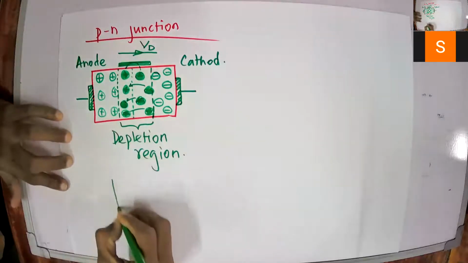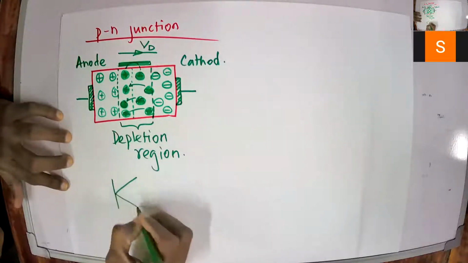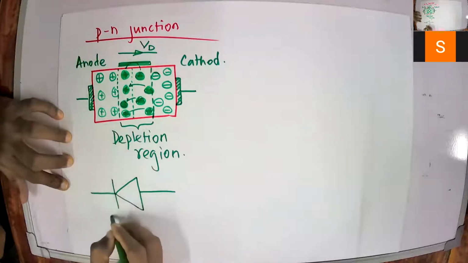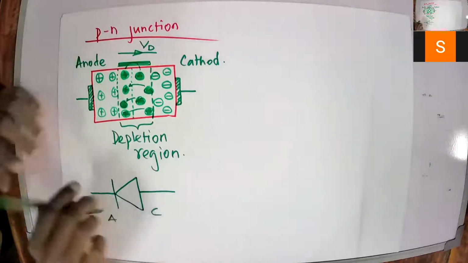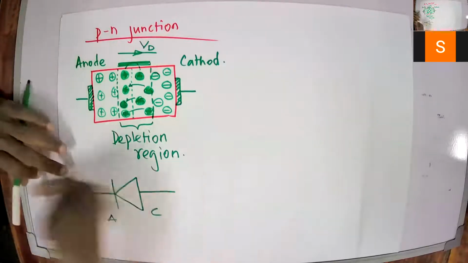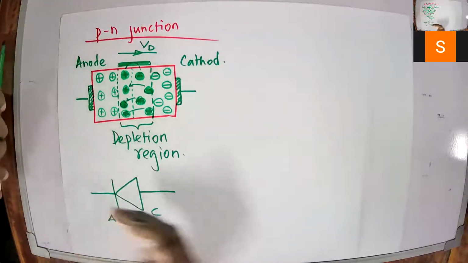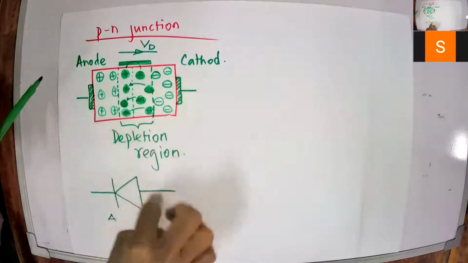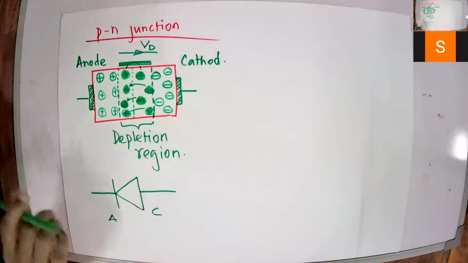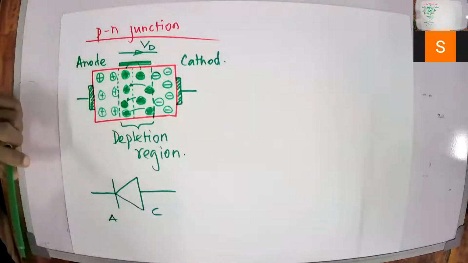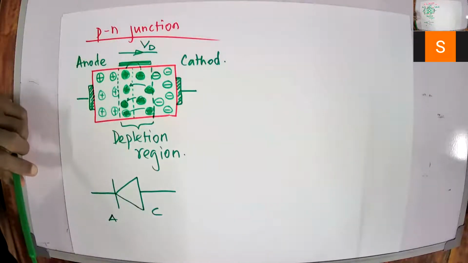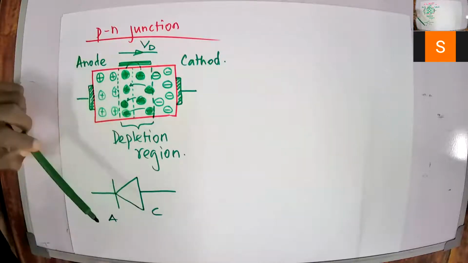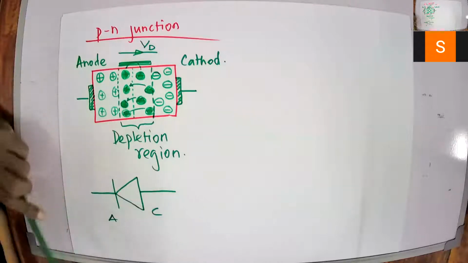The symbol of a PN junction diode is something like this, where this is your anode and this is your cathode. The arrow mark indicates the direction, and this way you will have your arrow mark here. Okay, PN junction.